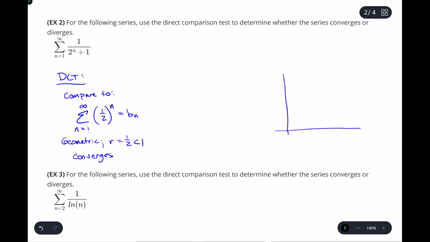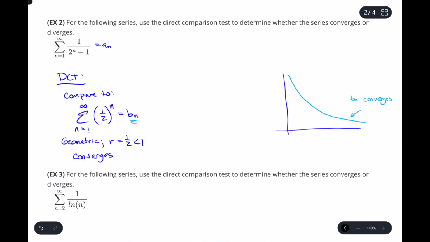So over here to the side, here's, tell you what, a sub n, and I'll put b sub n in a lighter color. So b sub n converges.